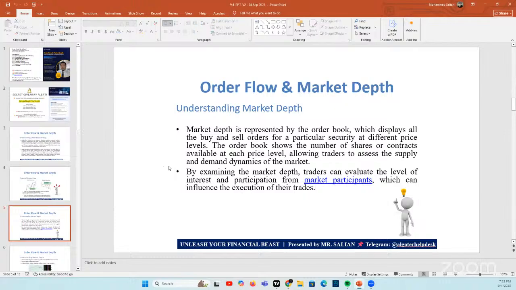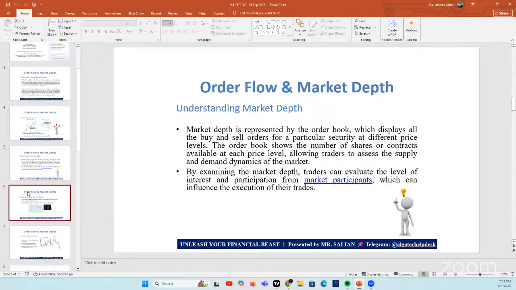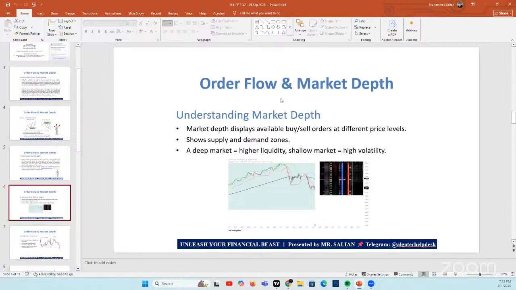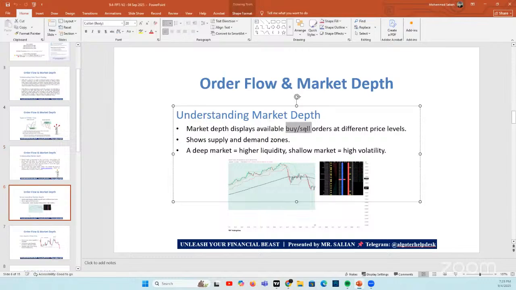So now I want to know what market depth is. We will now see it on this next slide. Understanding market depth: market depth displays available buy and sell orders at different price levels. So, who are these buyers? Maybe one time you will be a buyer, and maybe another time you will be a seller.